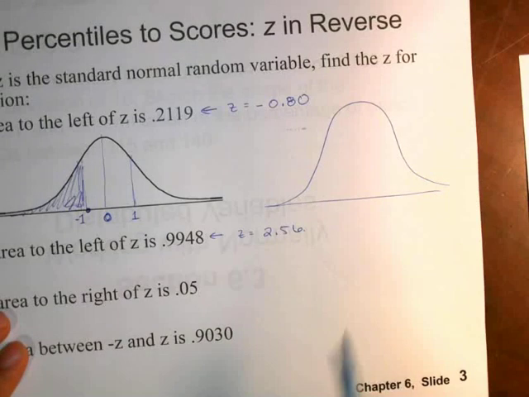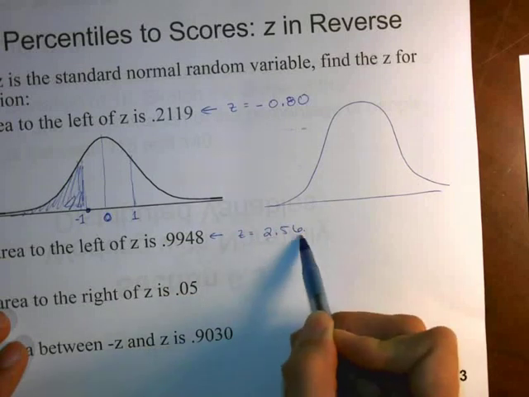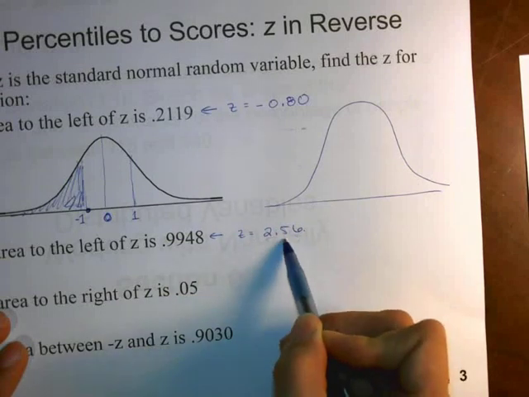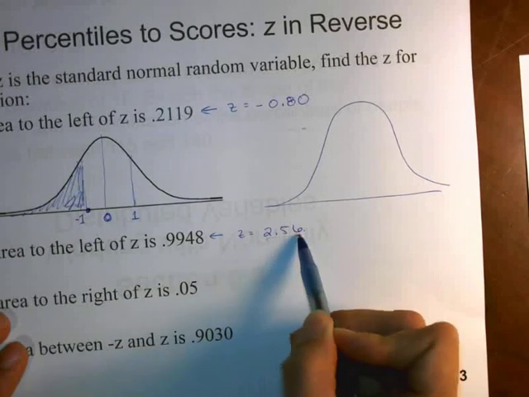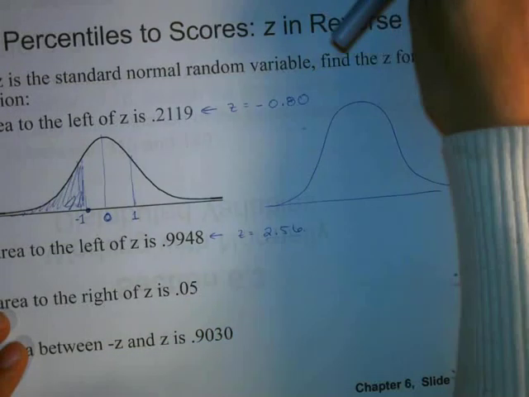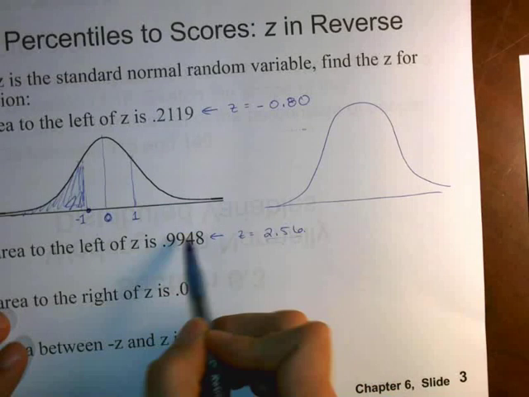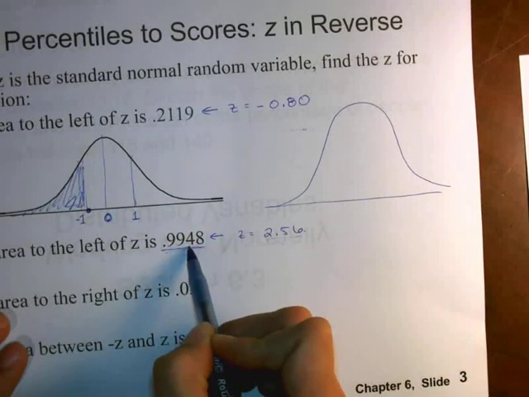So if you draw this, a z value of 2.56, that's 2.5 standard deviations above the mean. If you remember from the empirical rule, 95% of the data is within 2 standard deviations of the mean. So this is a really large z value. It's an unusually high z-score. And that fits with what this z-score is.